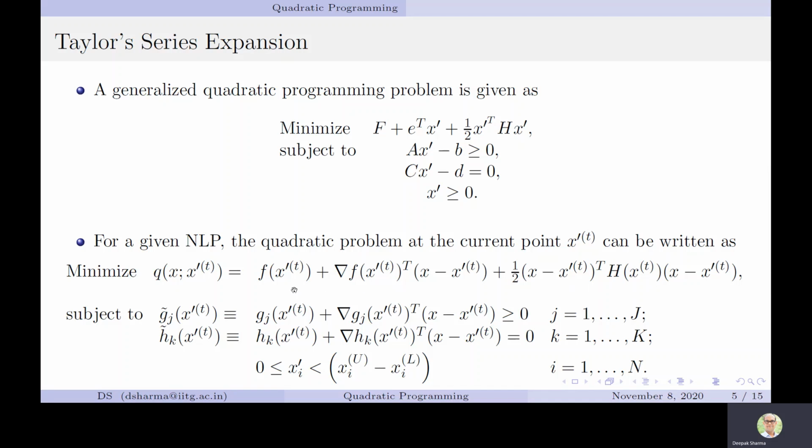Since it is quadratic, we represent it as minimizing Q. Similarly, the inequality constraint Gj and equality constraint Hk are both written up to the first term in the Taylor series expansion, so it is a linear equation in terms of x prime. So here we have the objective function as quadratic and the constraints are linear. After transformation, xi prime should be greater than or equal to 0, and there is an upper bound as well.